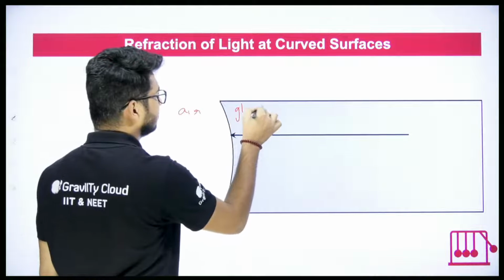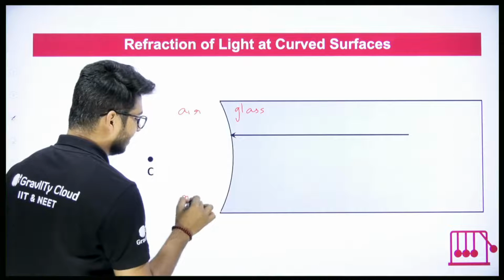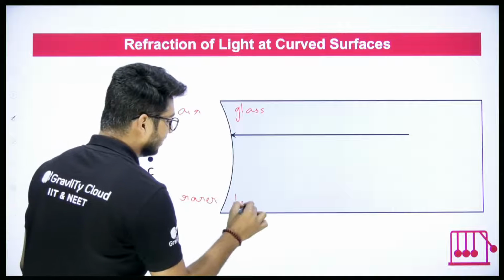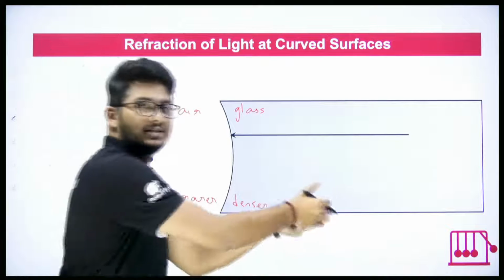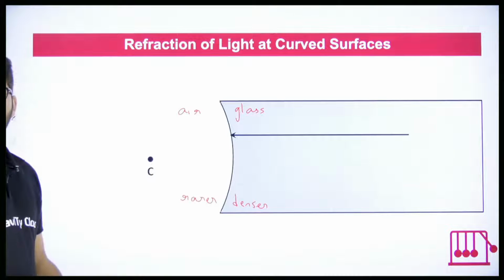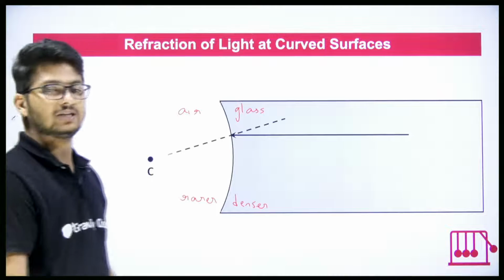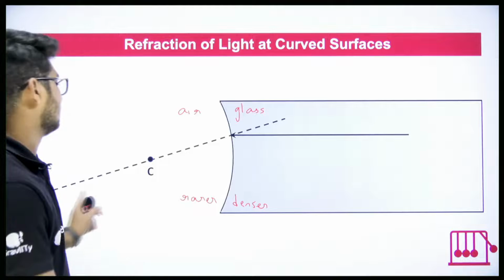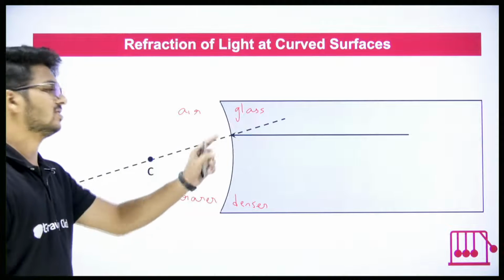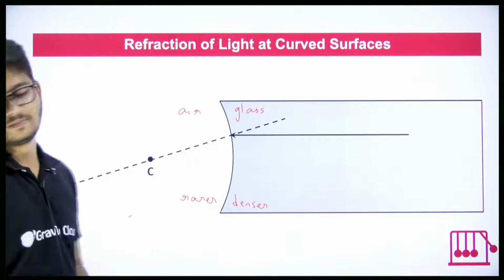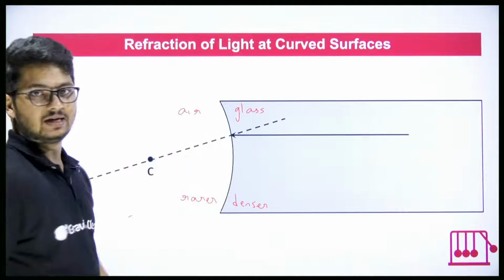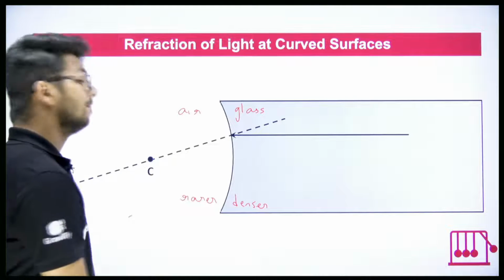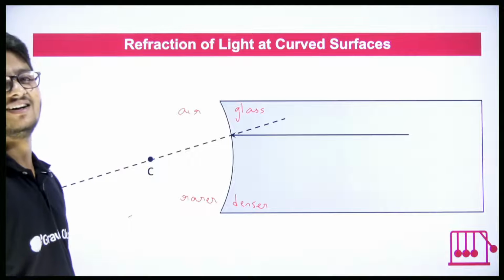But if I have any other case, the ray, again see, here it is air, here it is glass. Air is a rarer medium, glass is a denser medium. So the ray is traveling from denser to rarer, and it is not the case of normal incidence because I have drawn the normal here. The ray is not incident along the normal. The question is, it is going from denser to rarer, so how does it bend?